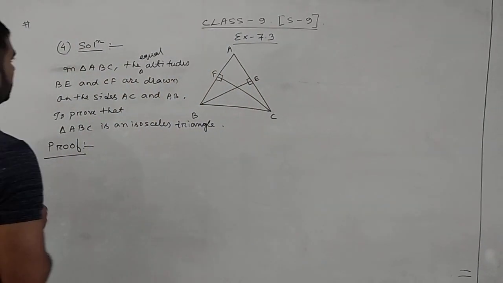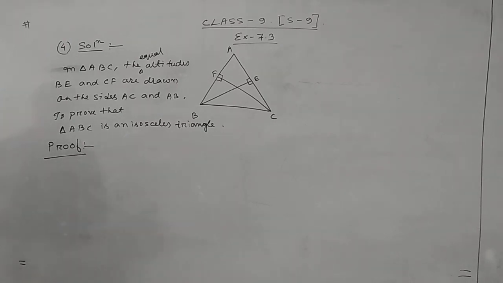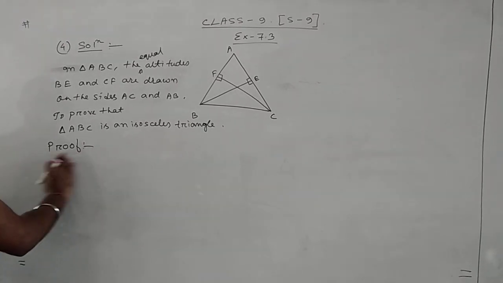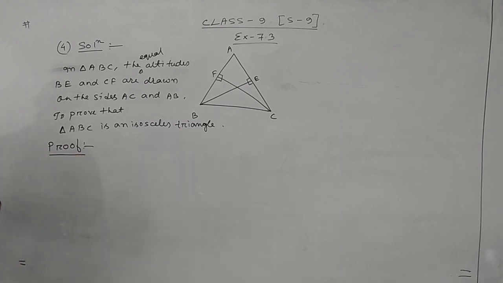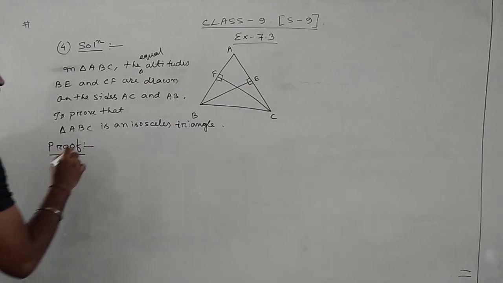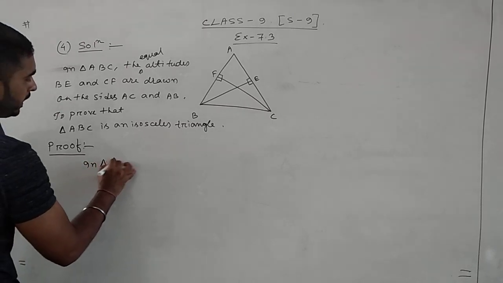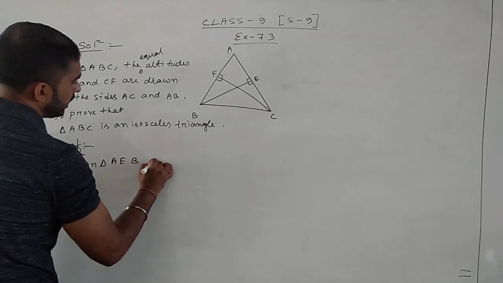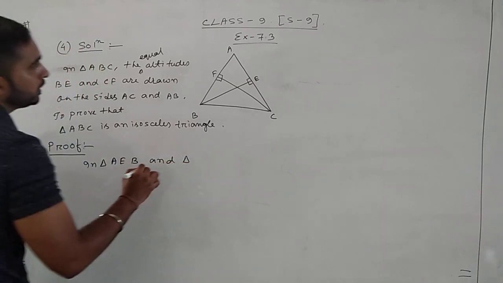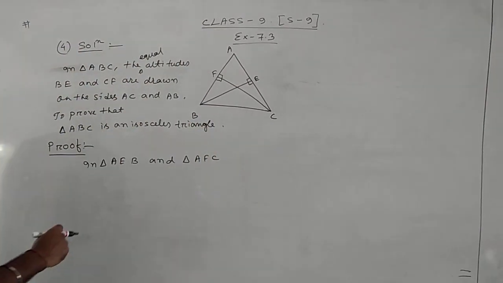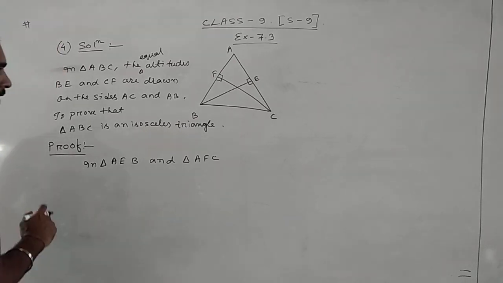This was the first method, the previous one. Now the second method. In the second method, what is given? In triangle AEB and triangle AFC.